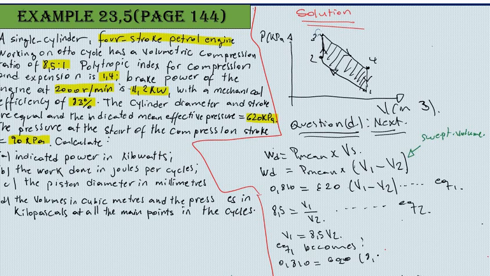V1 is 8.5 V2, and then minus V2. So I need to do that on the new slide. So I'm gonna create a new slide for that.